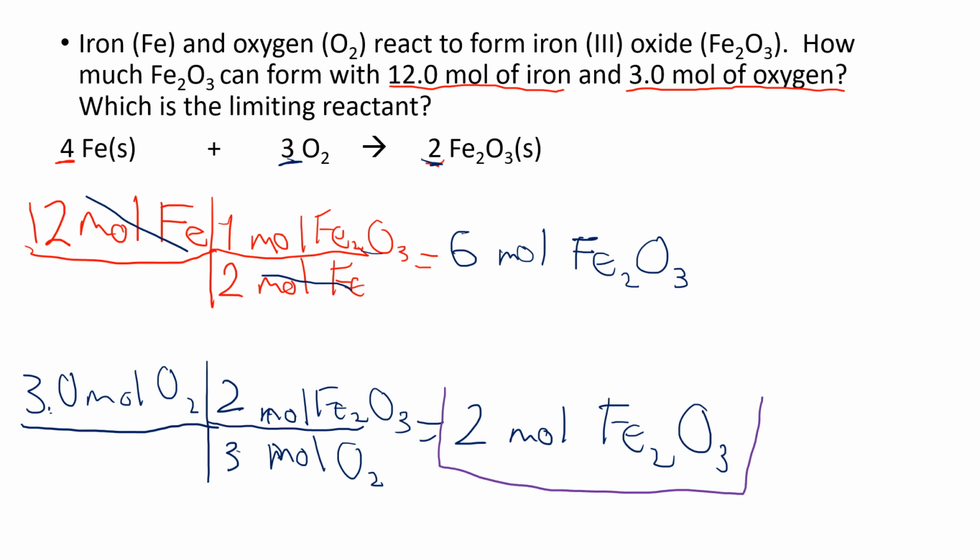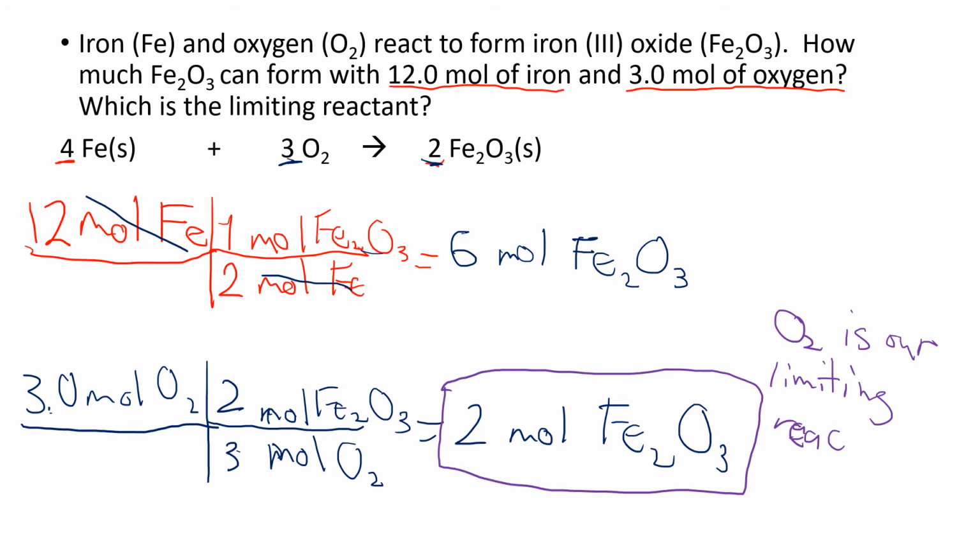So just to be consistent here, we can see that the lowest amount of iron 3 oxide is coming from the oxygen reactant. So in this situation, our oxygen is our limiting reactant.